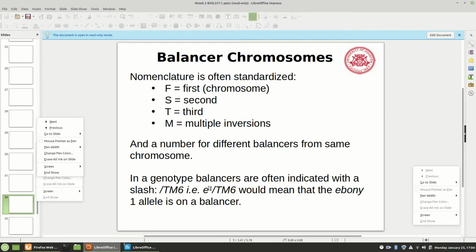It's the first allele found for the ebony mutation. But TM6 means that it's a balancer. T means third, M means multiple inversions, and the 6 could mean several things, maybe the 6th version of it or something along those lines.